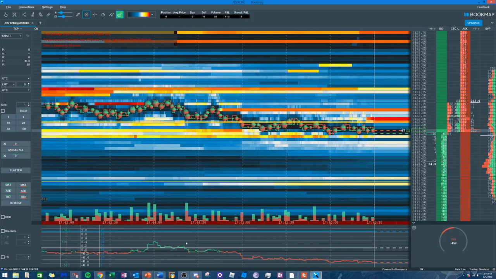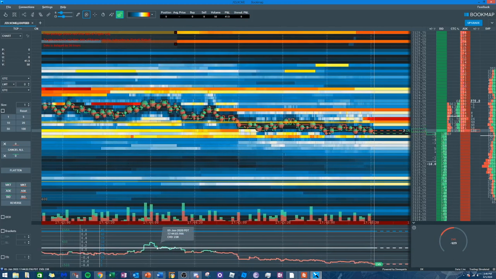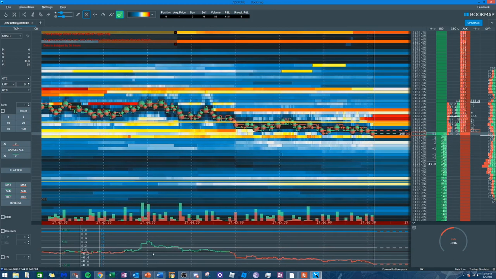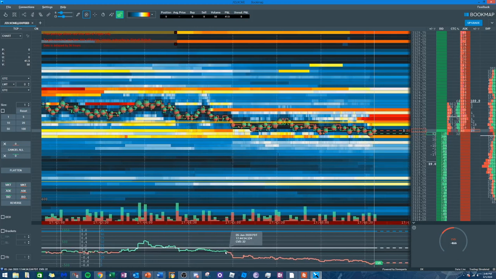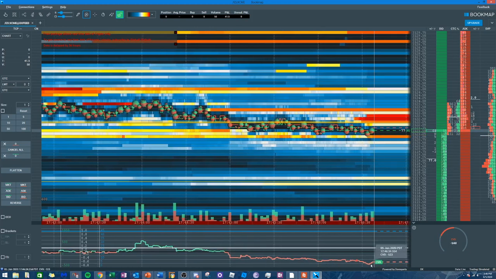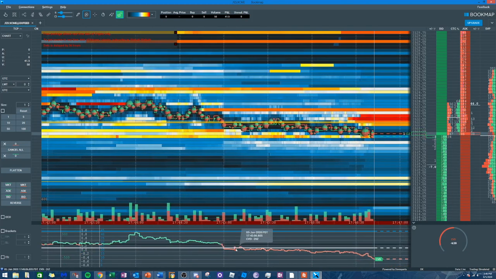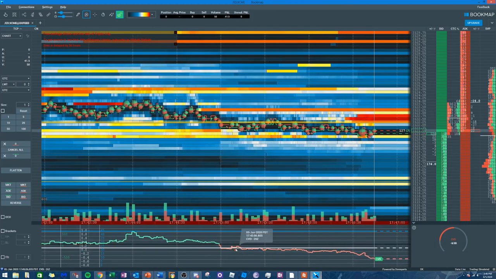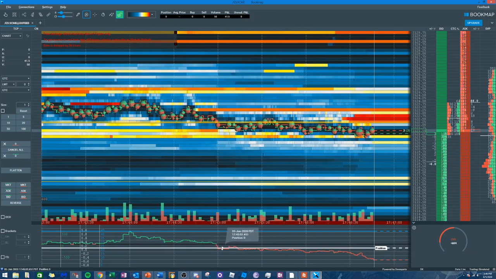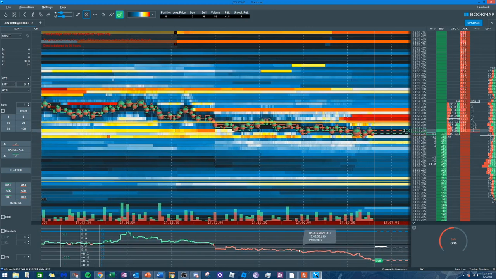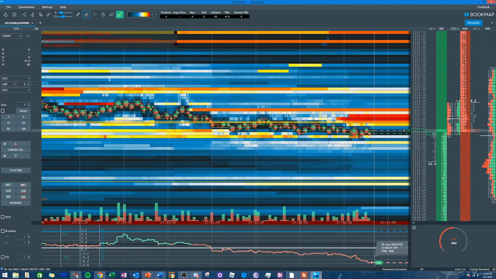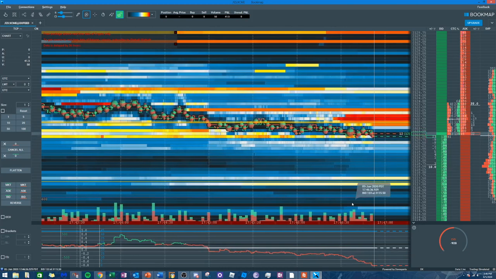So you can see the longs did break above right here, but ultimately got rejected, and now we're back in the red. So this can just be a helpful indication as per what direction the market is moving in, and we can see that there are more sellers than buyers right now, and the market wants to push down.